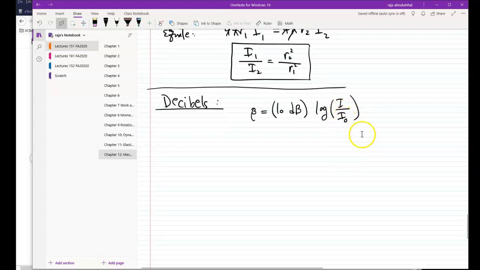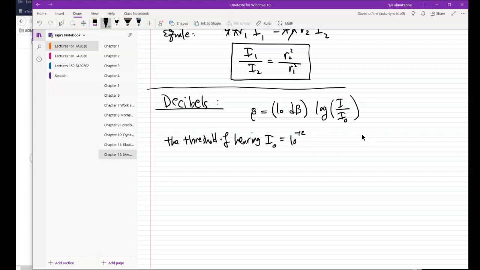I naught here is a special number. We call it the threshold of hearing. I naught is equal to 10 to the negative 12 watt per meter squared. What does that mean?